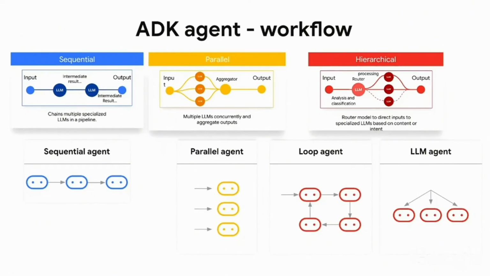ADK 1.x offers different types of workflow agents: the sequential agent, which runs agents from left to right; the parallel agent, which runs things at the same time; the loop agent, which runs things in a loop; and the LLM agent, which can delegate to child agents in a tree structure.